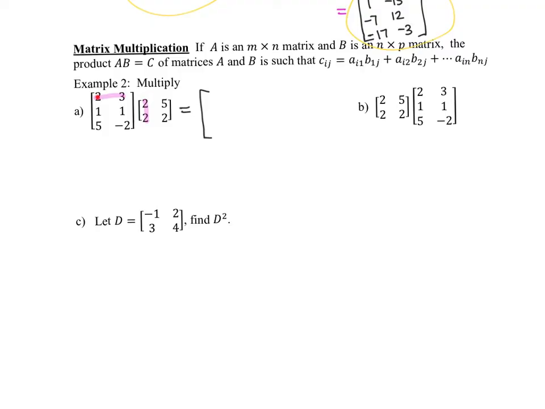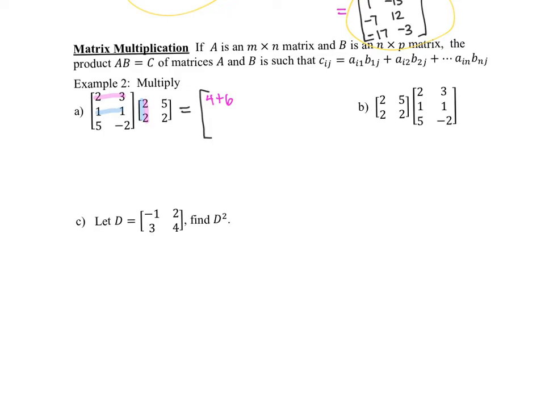So the first one is 2, 2. So 2 times 2 is 4 plus 3 times 2 is 6. Now I'm going to go down. The second row with the first column goes in row 2, column 1.